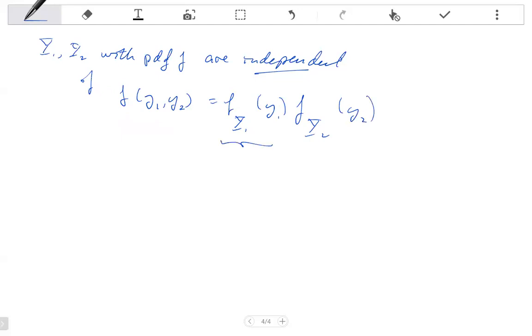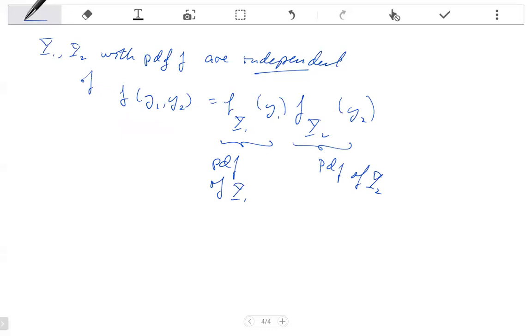And the only way this can occur is if these are the PDFs of y1 and y2 respectively. They're not always independent. There are lots of examples of random variables which are not independent, and we'll run into a whole bunch of those.